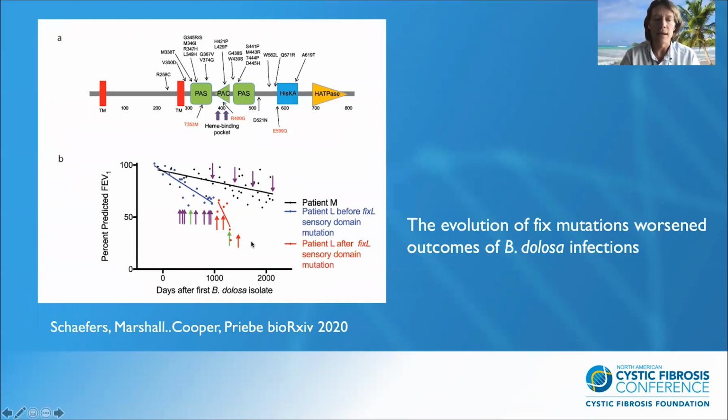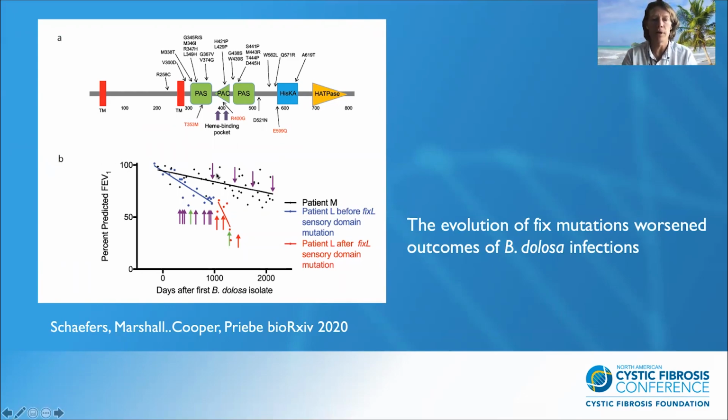Now, more recently, in collaboration with the Preby lab, Matt Schaefer and Chris Marshall from my lab have discovered that these mutations really target the sensor domain in FIX-L. And when these mutations arise within patients and rise to detectable frequencies, they're associated with worse outcomes.